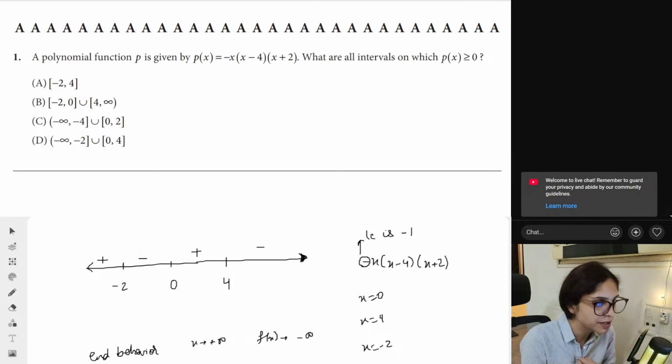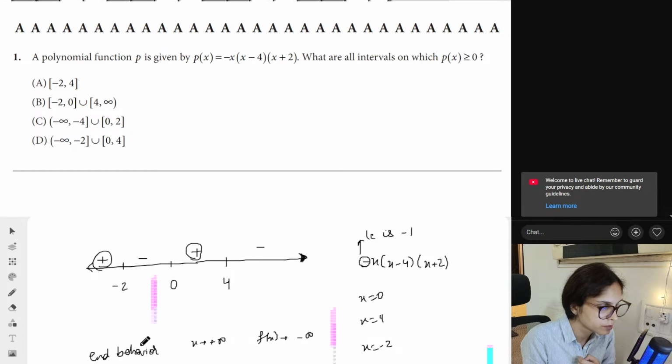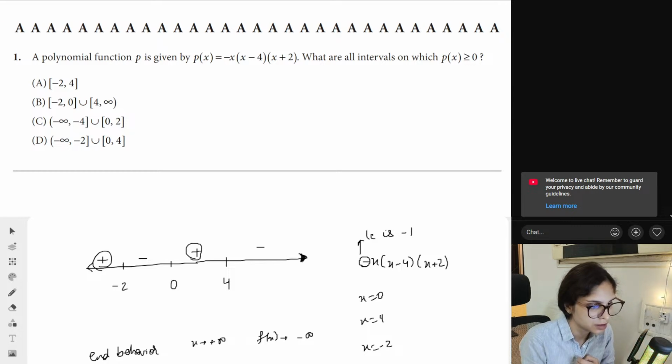Okay, now they're looking for where it is greater than or equal to 0. So greater than or equal to 0, that means where it is plus. So it is negative infinity to negative 2, and then 0 to 4. This is our answer.